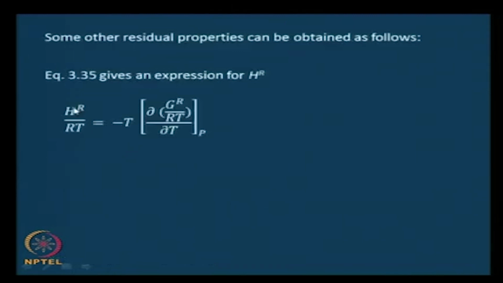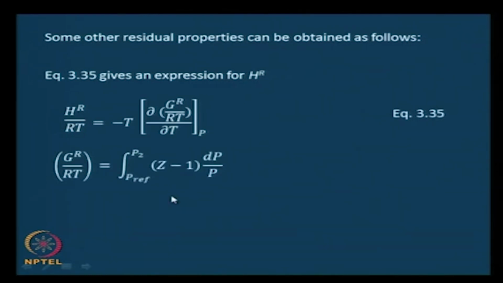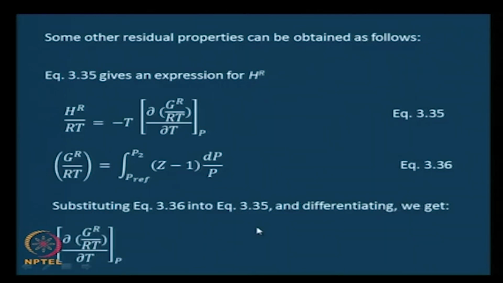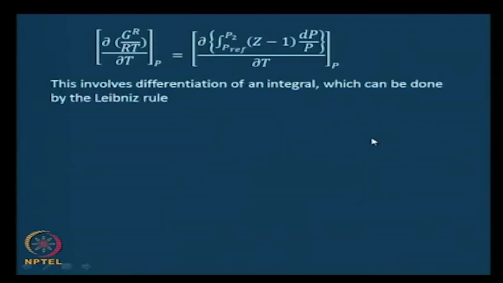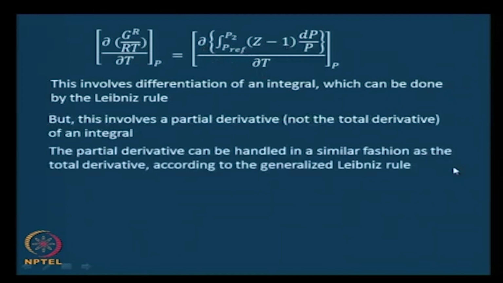Then we had expressions for the other thermodynamic residual properties in terms of measurable properties. This we have already seen. While deriving this, we went through a situation where we needed to differentiate an integral. For doing that, we used the generalized Leibniz rule, which gave us a means to differentiate or partially differentiate a definite integral.